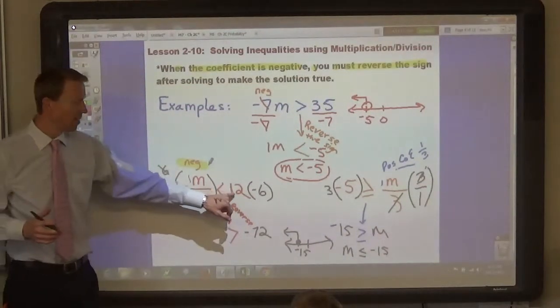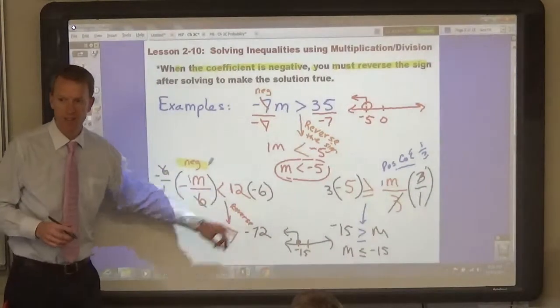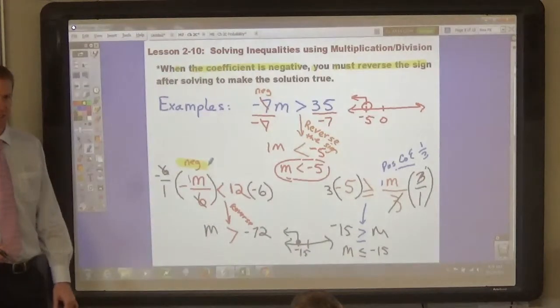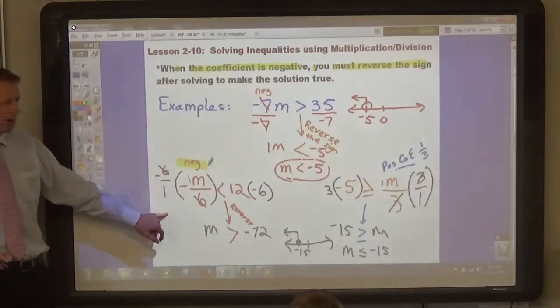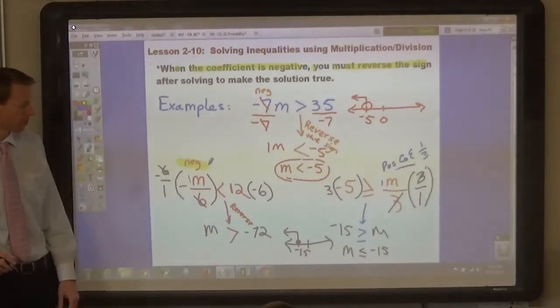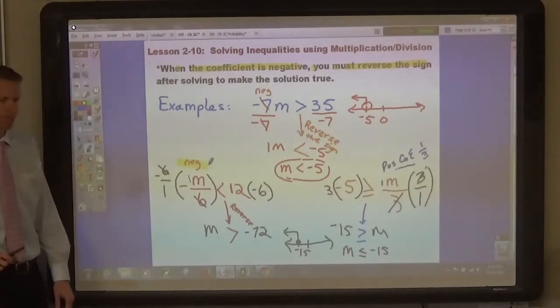And we have to multiply by negative 6 over 1 on the other side. Get the solution and graph it. Okay?